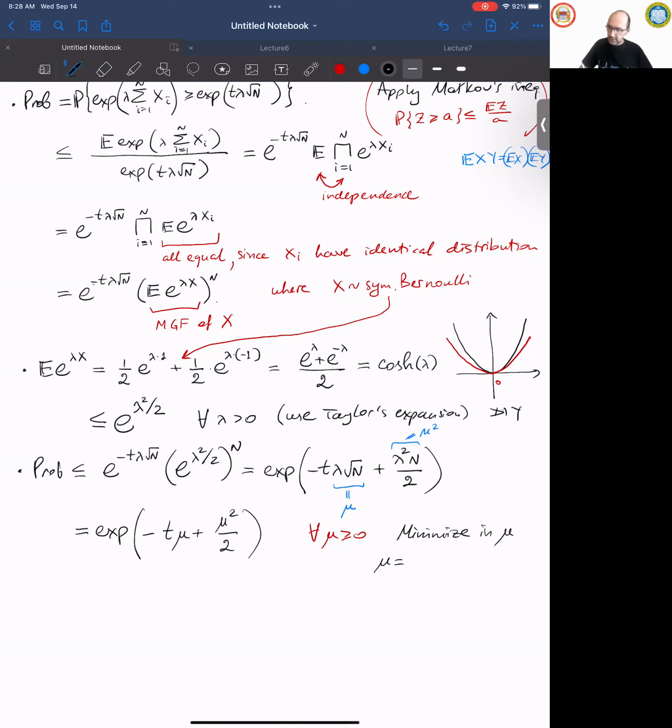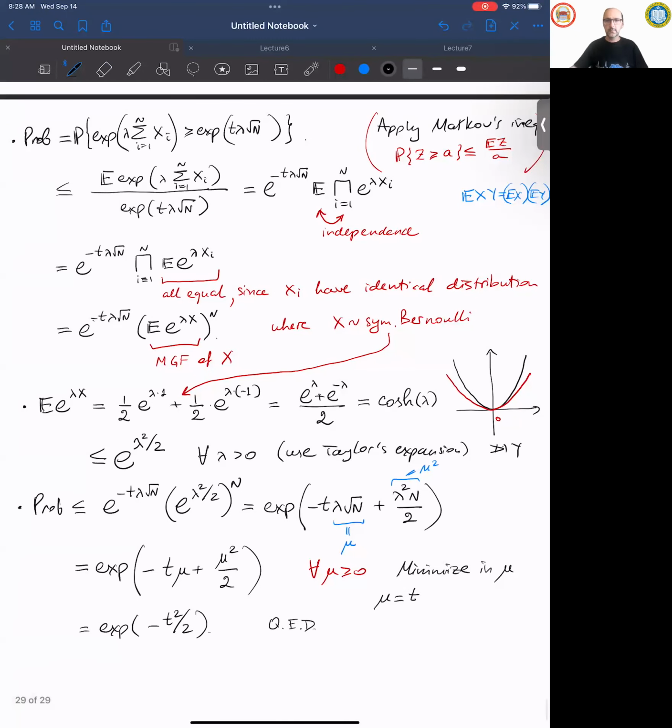So mu will be, I think, t. Mu equals t. We get minus t squared plus t squared over 2, and we get e to the minus t squared over 2. Yay! Done. Got our Gaussian tail.